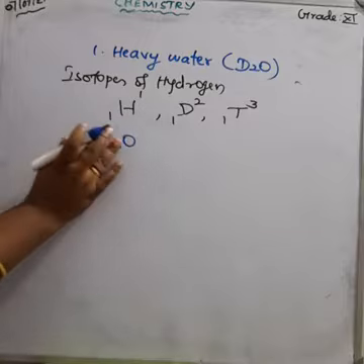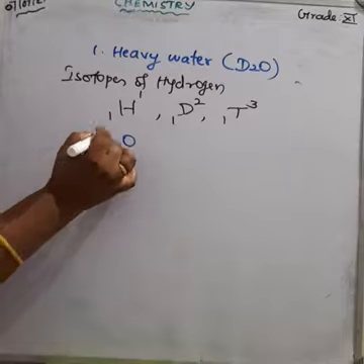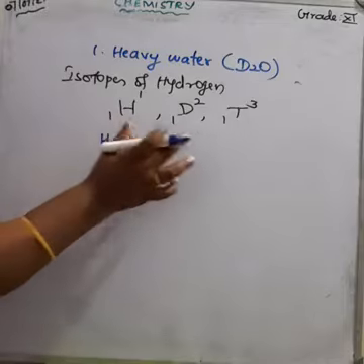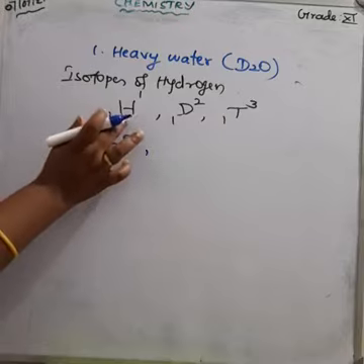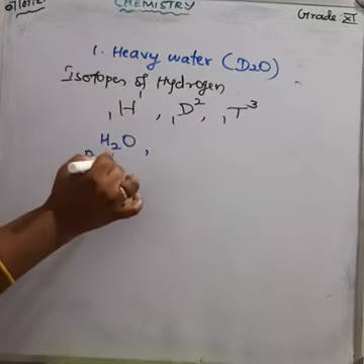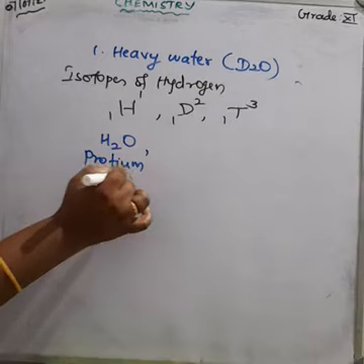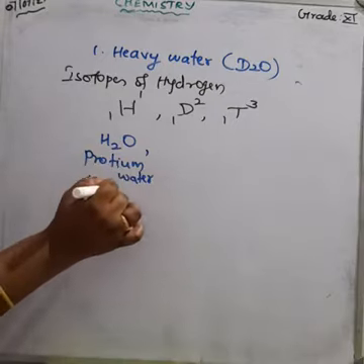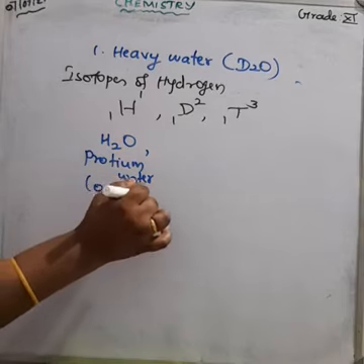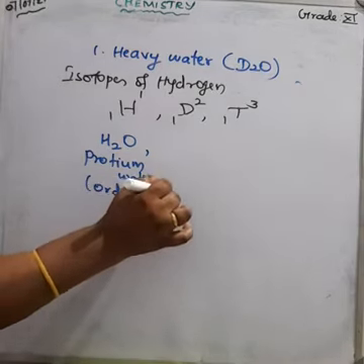Here H2O is the oxide of protium. So H2O we call the ordinary, normal water. We use it for drinking purposes. That water we call ordinary water, that is H2O.